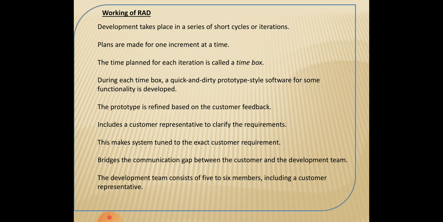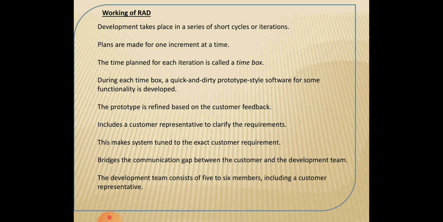In the rapid application development model, the development takes place in a series of short cycles that are called iterations. So as we said, it is incrementally developed, so each phase is repeatedly worked. At any time, the development team focuses on the present iteration only.